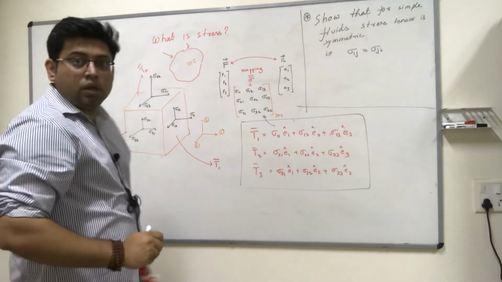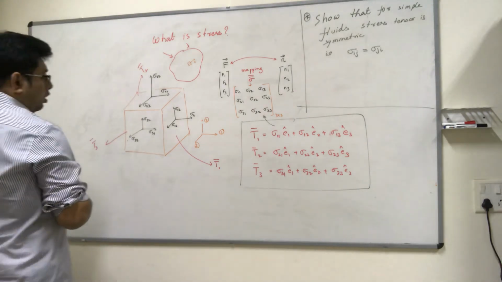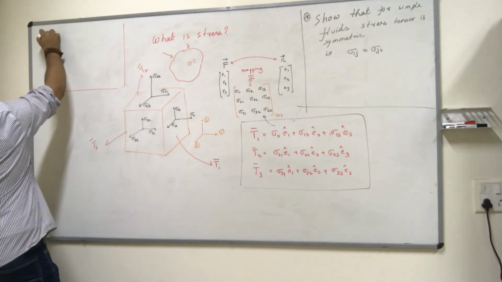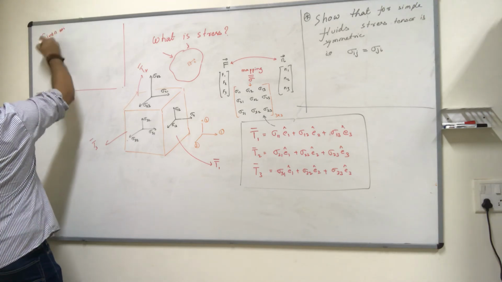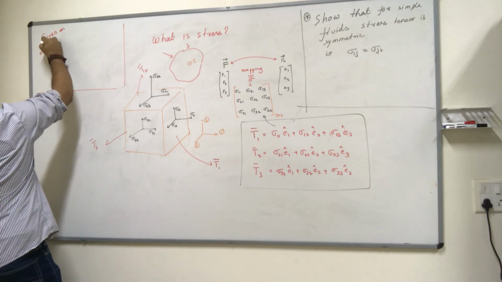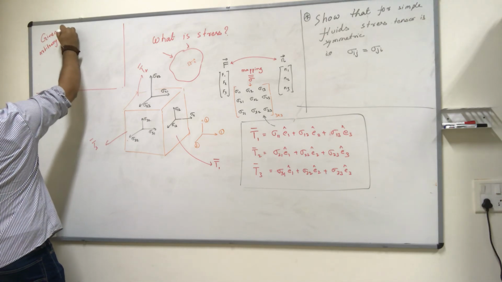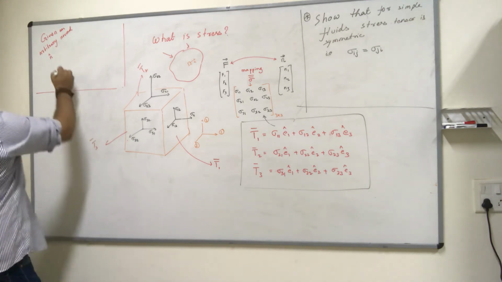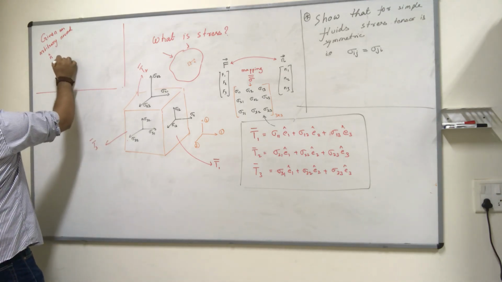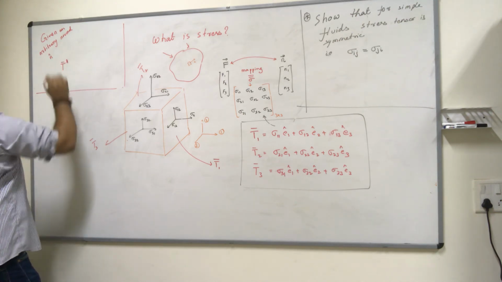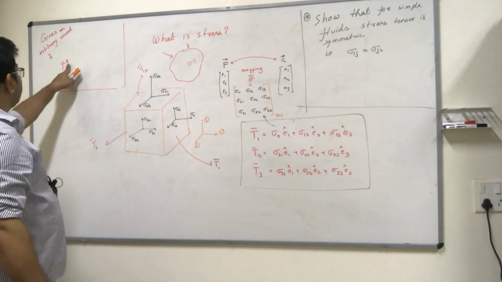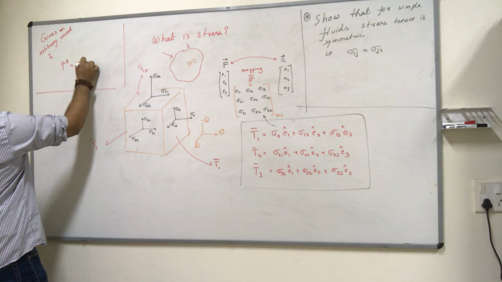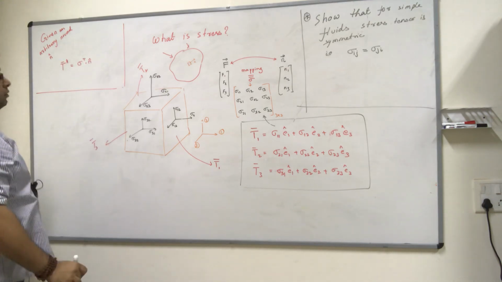How am I doing in time? Okay, the other is, given an arbitrary normal n hat, let's say, if I want to find the traction forces for this arbitrary normal vector, then I have to do this.